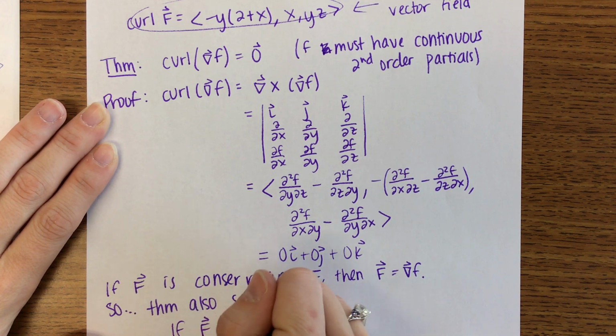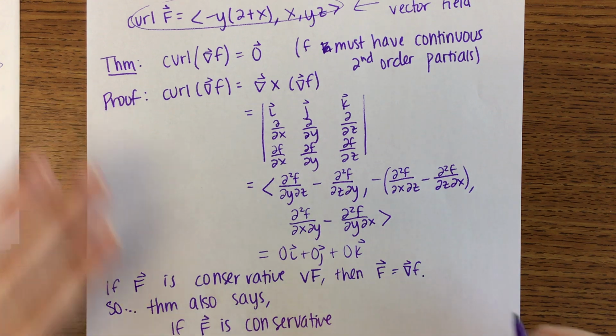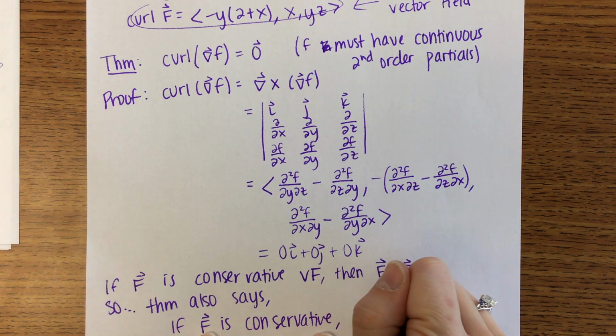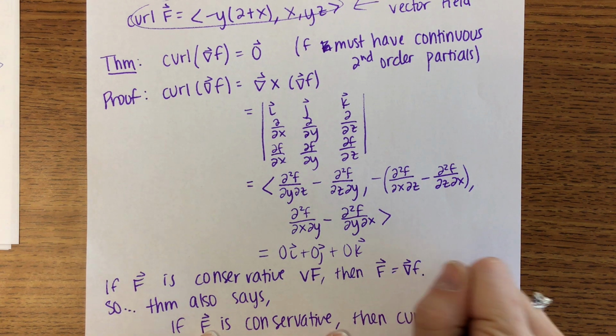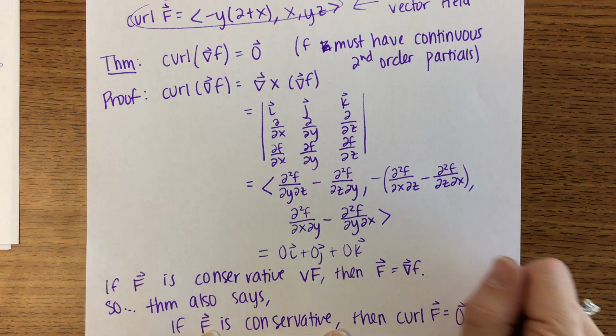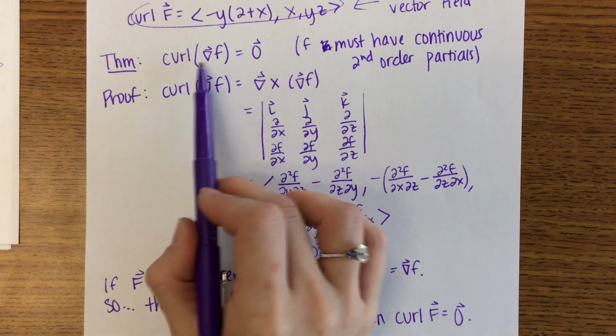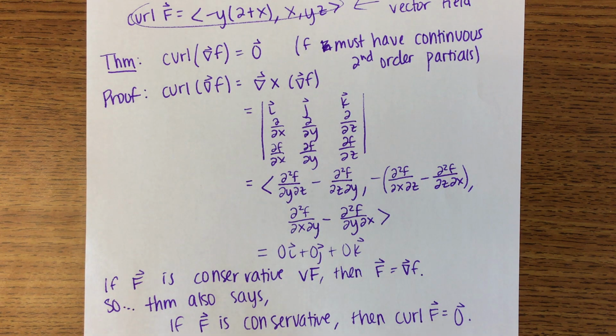If F is a conservative vector field, then the curl of F is going to be the 0 vector. Remember, because F is equal to the gradient of some little f, the curl of big F then will get us the 0 vector.